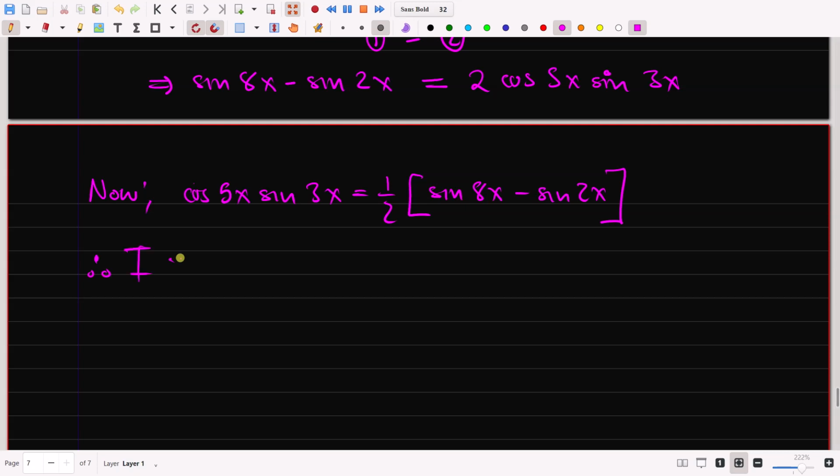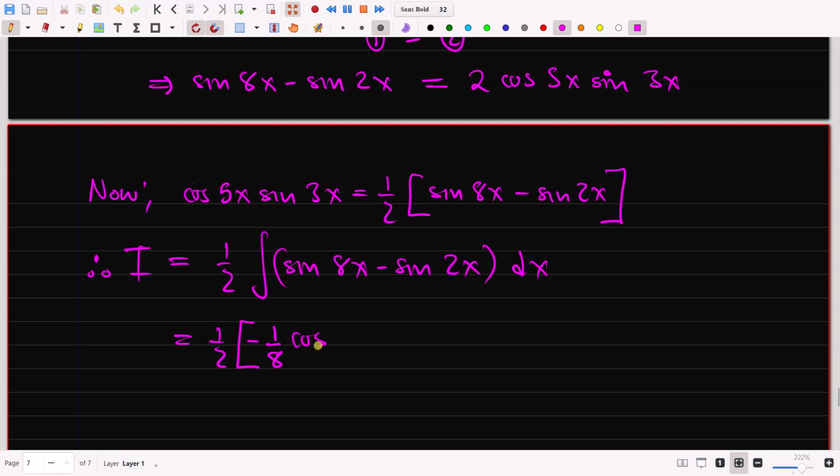But when you integrate sine, you get minus, so you get a plus cos 2x, then plus k. Then you can multiply the half outside, so you get minus 1 over 16 cos 8x plus 1 over 4 cos 2x, then plus k.